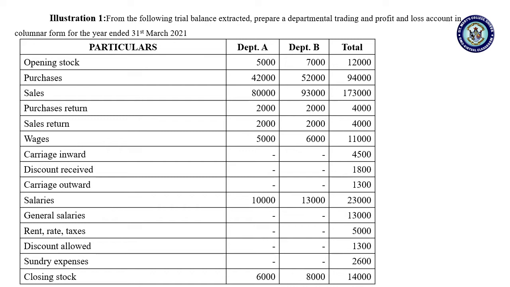Rent, rates and taxes 5,000. Discount allowed 1,300.